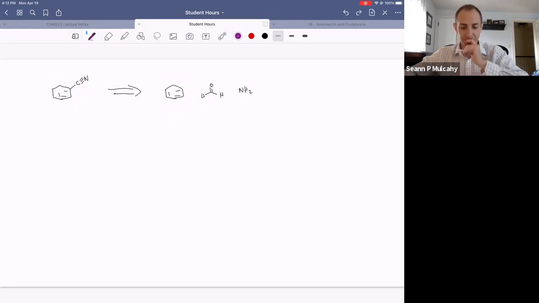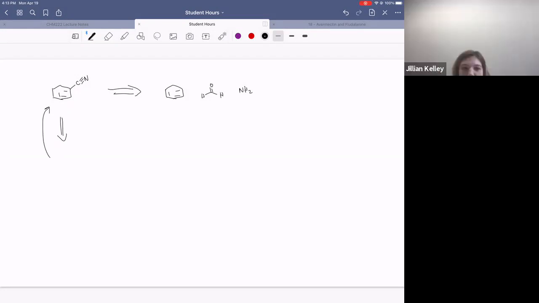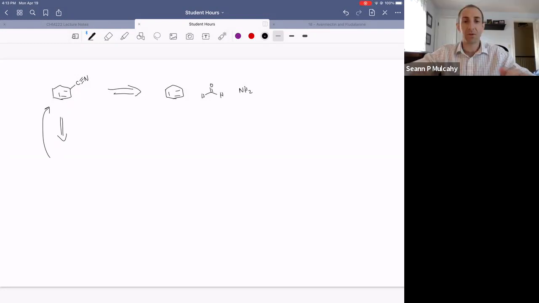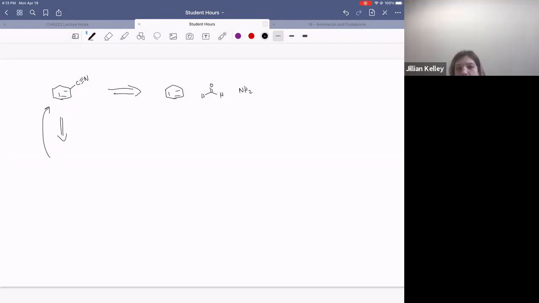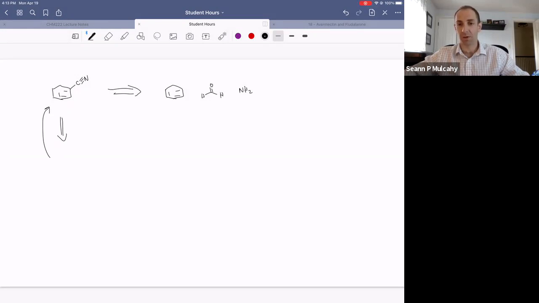All right. So what do we think? What's a good way of making a nitrile? How might we make a nitrile? What would we have to do? I don't have to just use those molecules, right, for this part? You have to use these molecules as the source of those atoms in the product structure. But you can use any other reagents that don't appear in the product structure at your will.